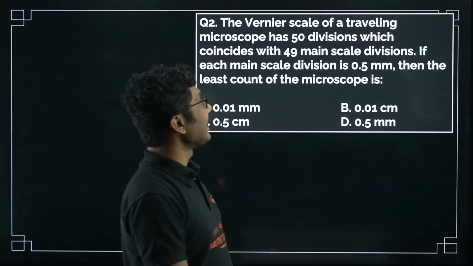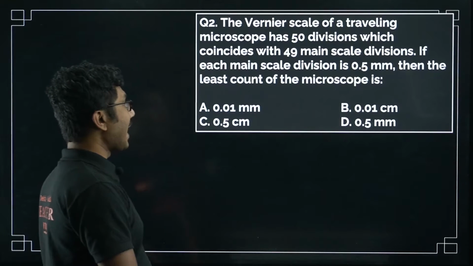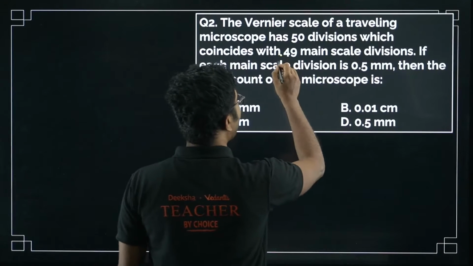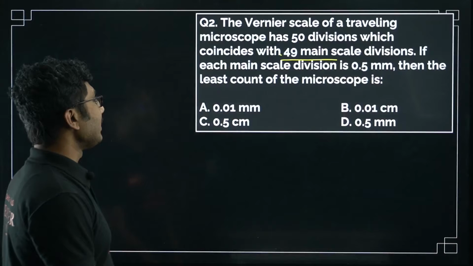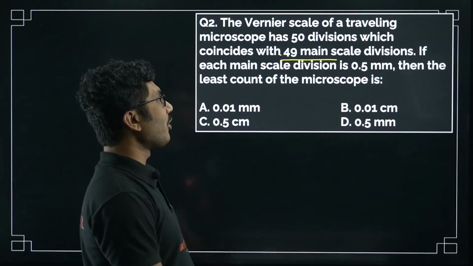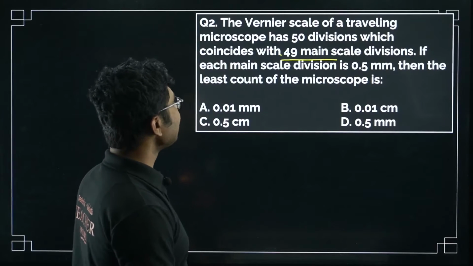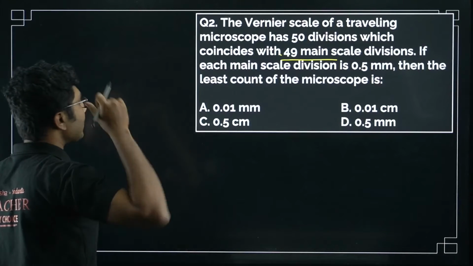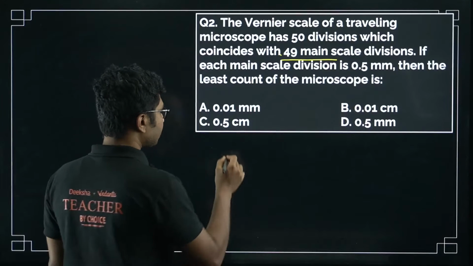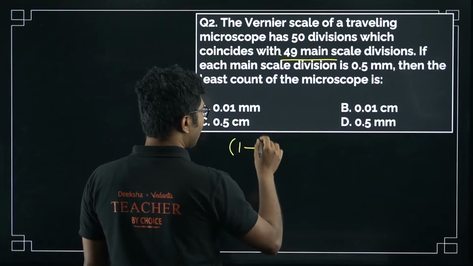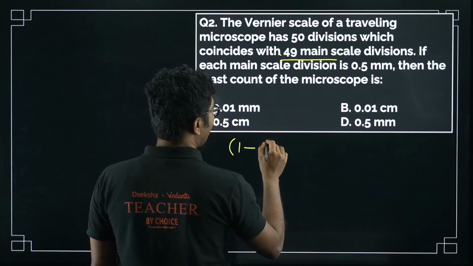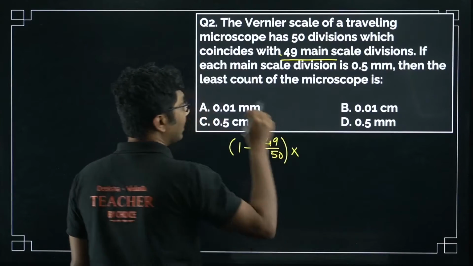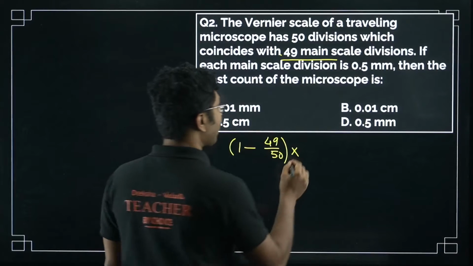The vernier scale of a traveling microscope has 50 divisions, which coincide with 49 main scale divisions. If each main scale division is 0.5 millimeter, then the least count of the microscope is? So how to do that? First of all, we have to find the difference between the main scale division and the vernier division, which is 1 by 50 into the length of one main scale division, that is 0.5 millimeter.